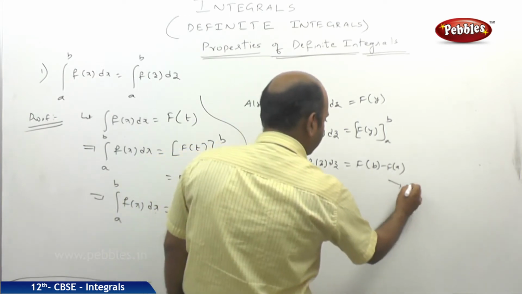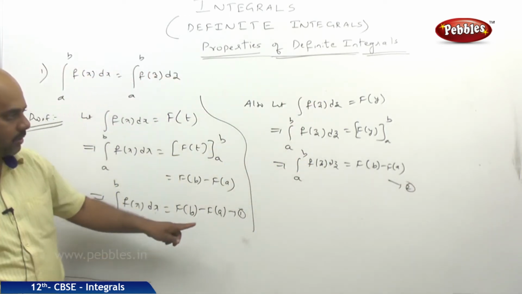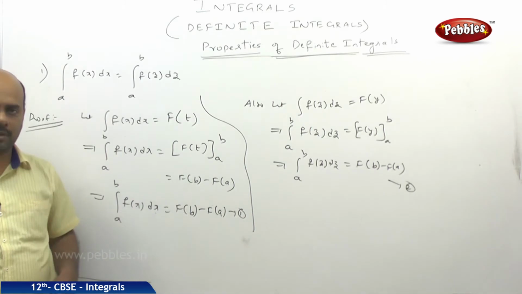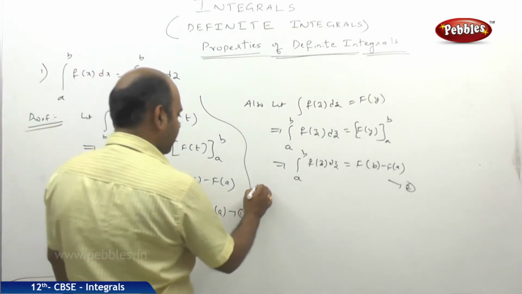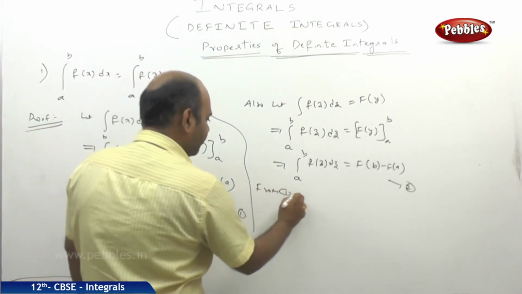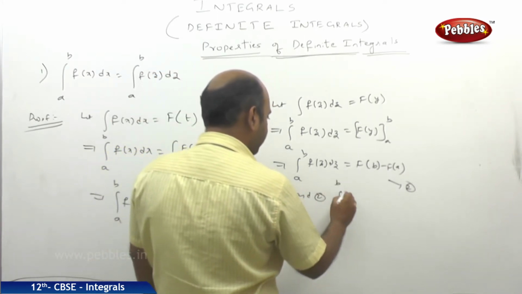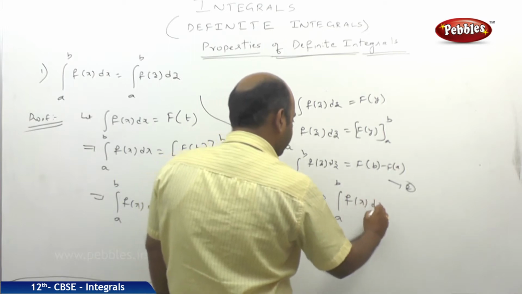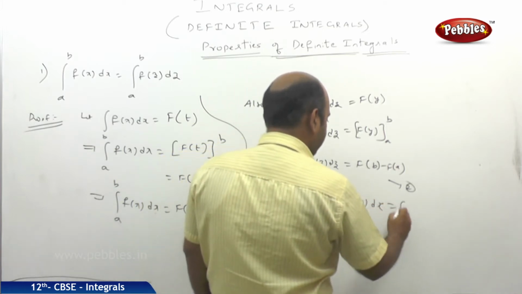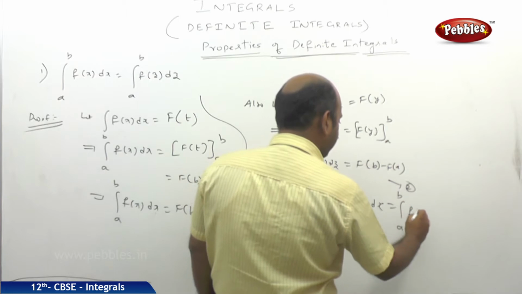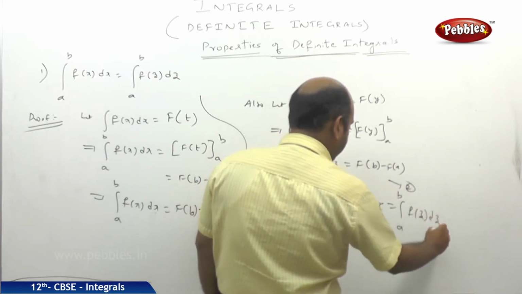I call this as number 2. If you observe carefully, from 1 and 2 we got the same values. Therefore finally what I conclude, from 1 and 2, integral of a to b f of x dx is equal to integral of a to b f of z dz.